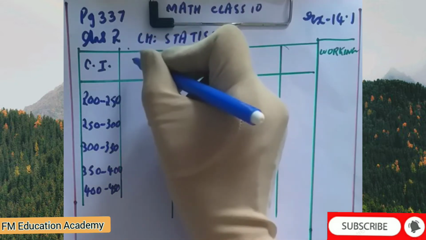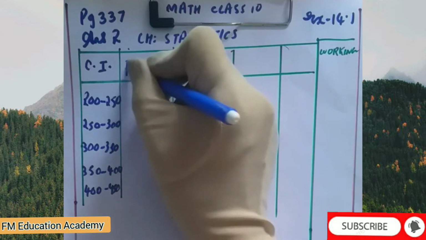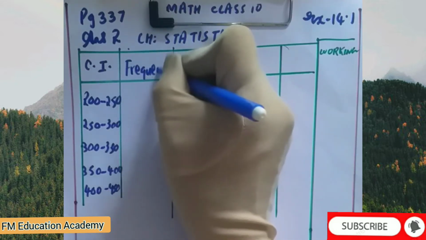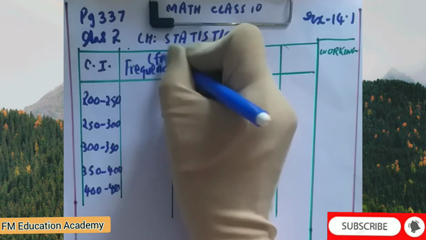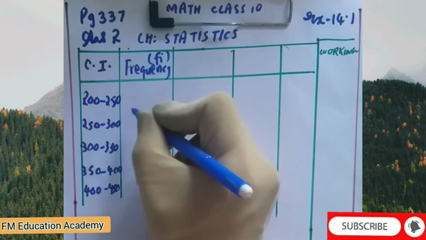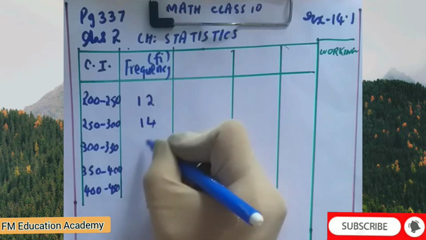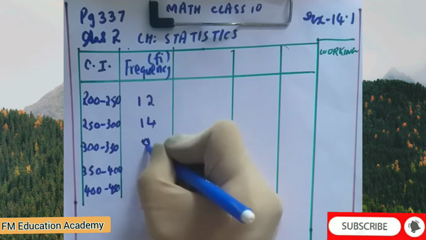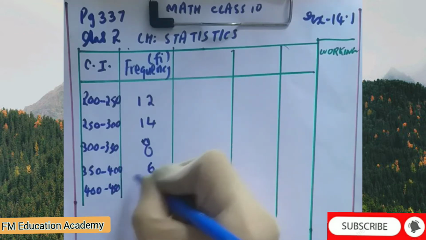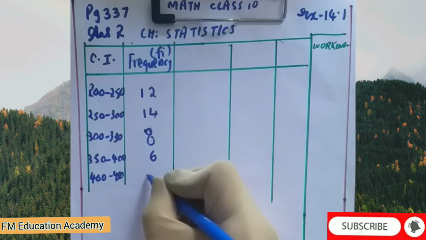Number of workers are given as frequency. So frequency fi is given as, for 200 to 250 we have 12, 250 to 300 14, 300 to 350 8, 350 to 400 6, 400 to 450 10.